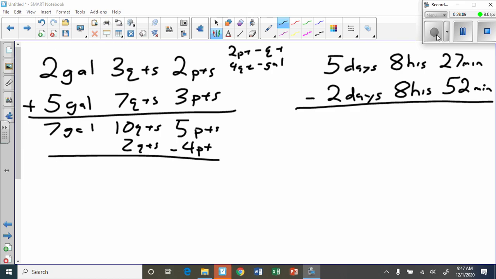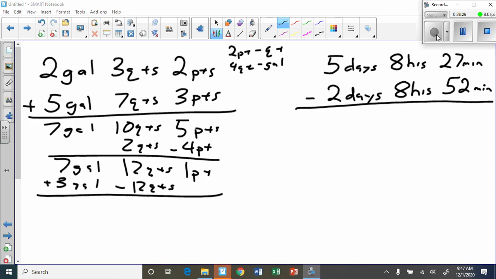So now I get 1 pint, 12 quarts, 7 gallons. Every time I take away 4 quarts, it's a gallon. How many 4s can I take away? So I'm going to take away 12 quarts, and I'm going to add 3 gallons. So we get 10 gallons, 1 pint.